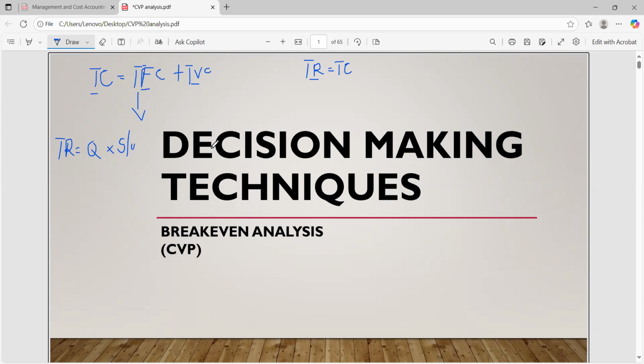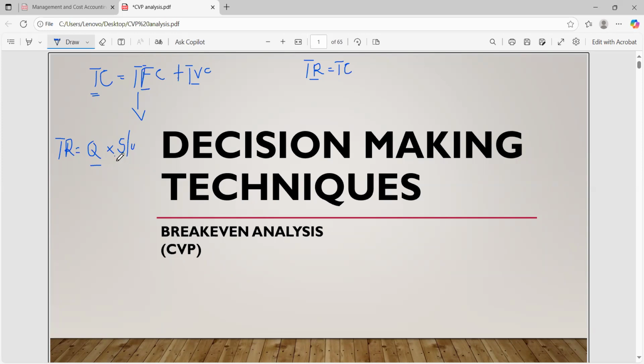Okay, so if that is the case, we are going to equate this to total cost and then determine the break-even formula. So it is as a result of this being equated to this that they came about the break-even analysis formula. So look at it.